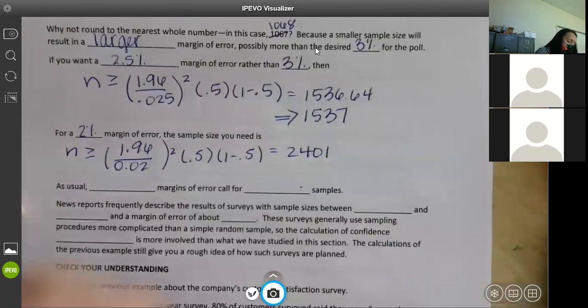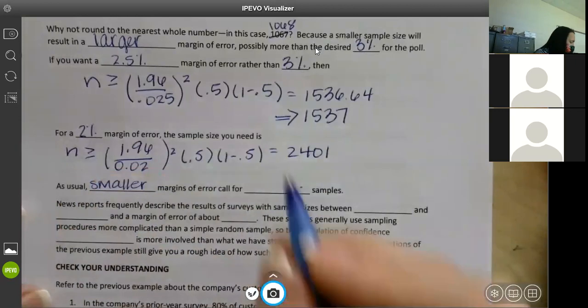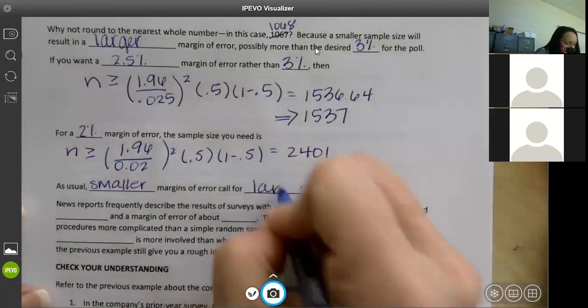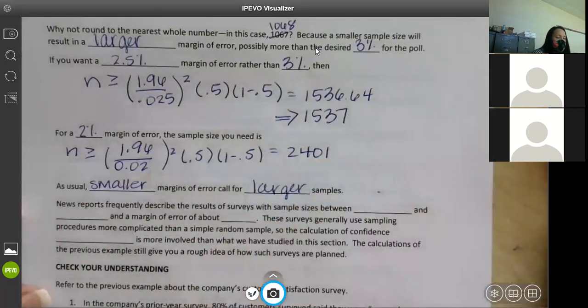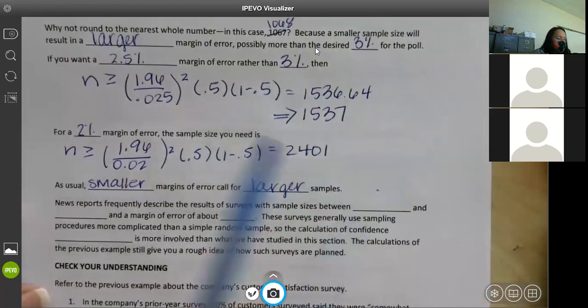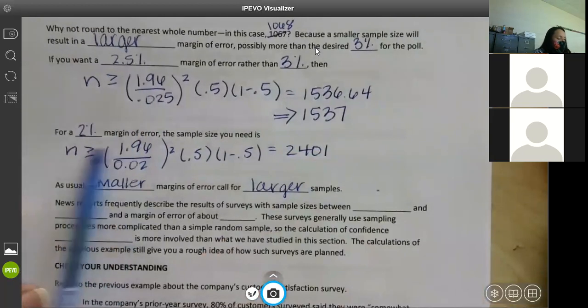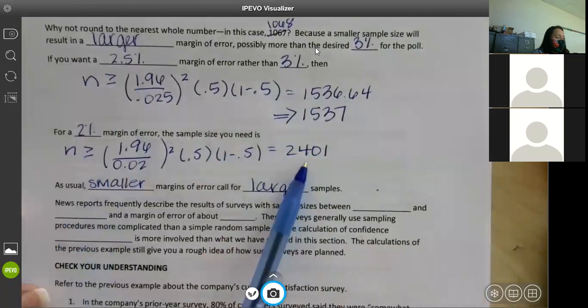So as usual, smaller margins of error call for larger samples. If you look at that, a 2.5% margin of error is larger than a 2% margin of error, so we have to have a larger sample size.